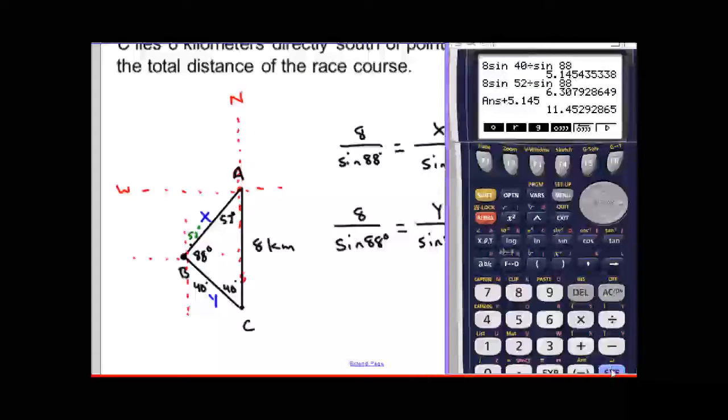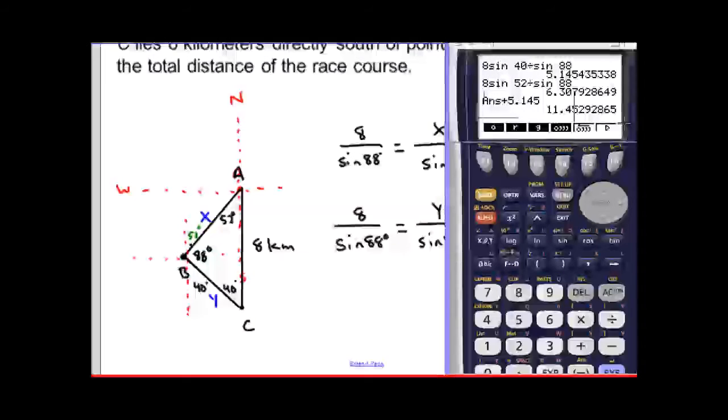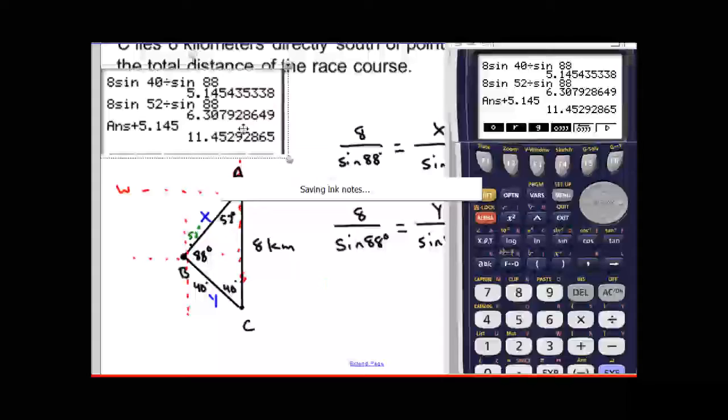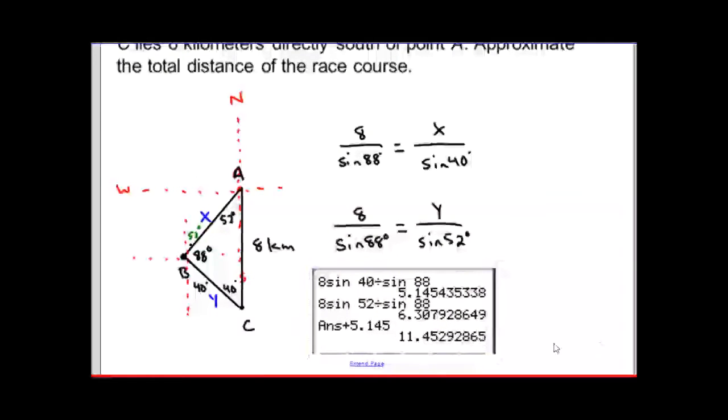So the total distance of the race is 11.453 kilometers.